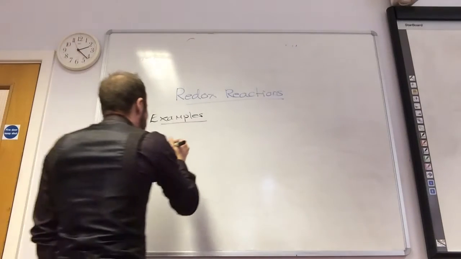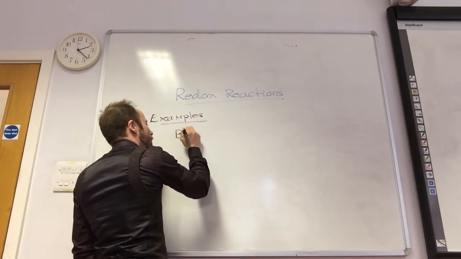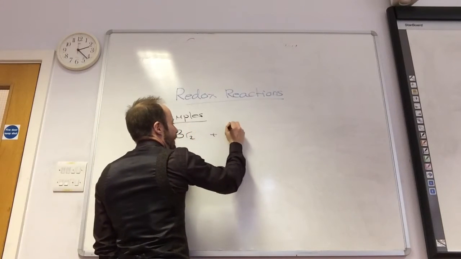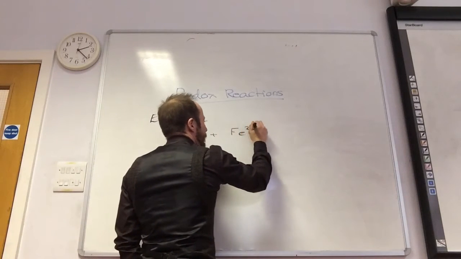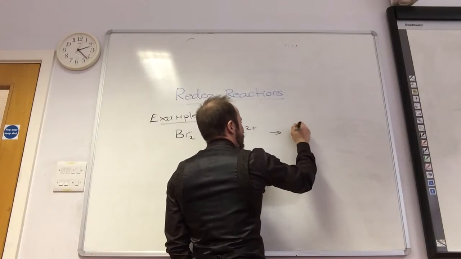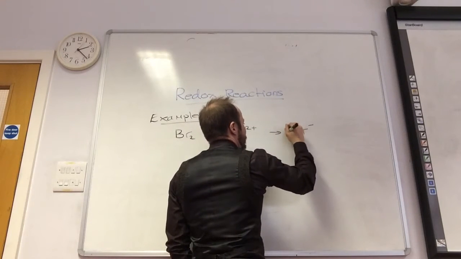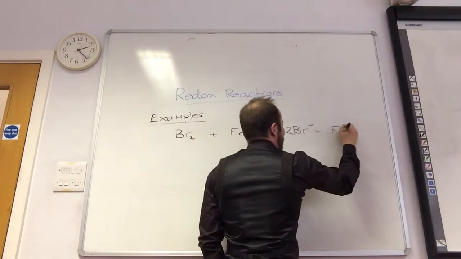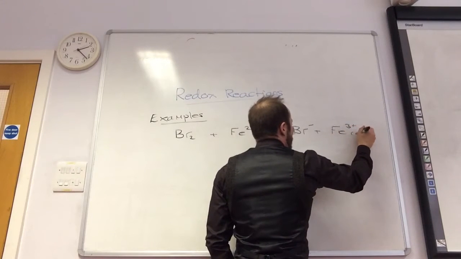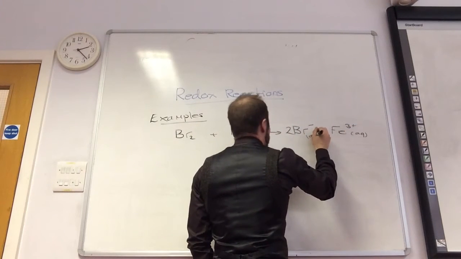So one example would be taking bromine and reacting it with Fe2+ ions to give you bromide ions plus Fe3+ ions. It's quite an easy one to remember.